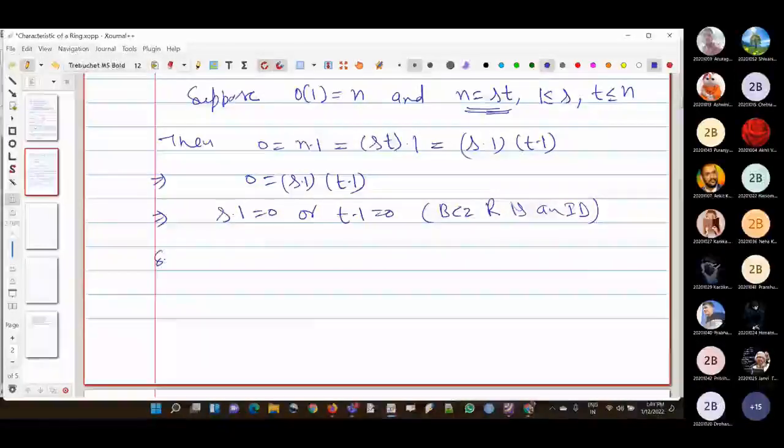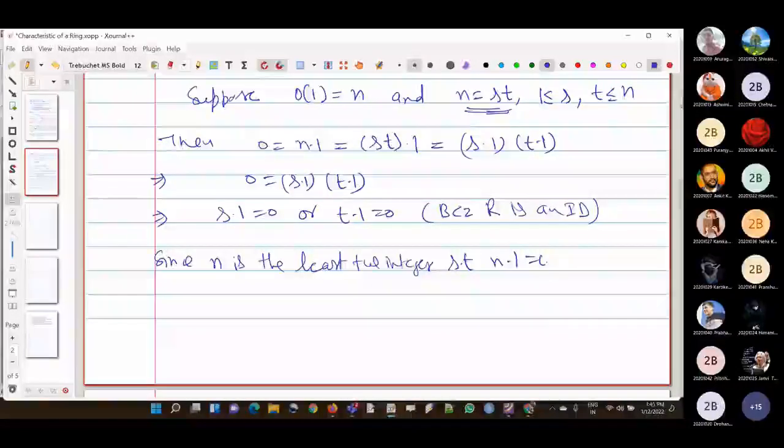Also, since n is the least positive integer such that n times 1 equals 0, we know that this is the least number, and s and t are either equal to 1, or equal to n, or in between.